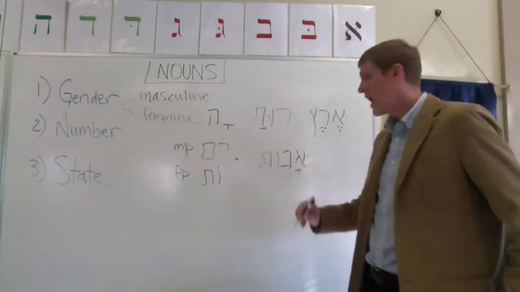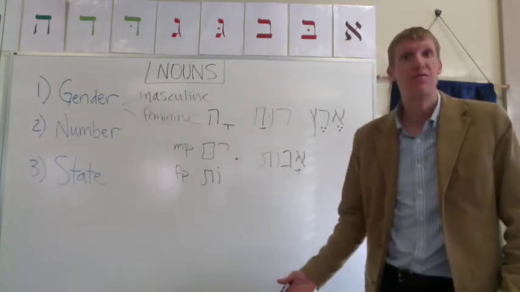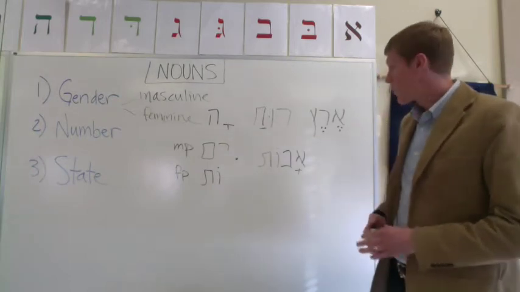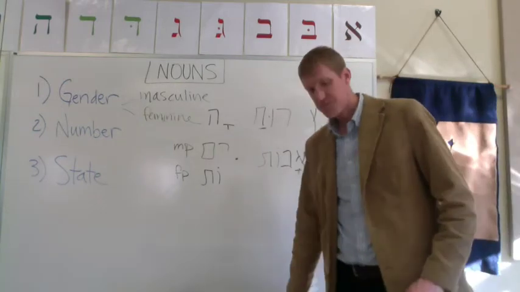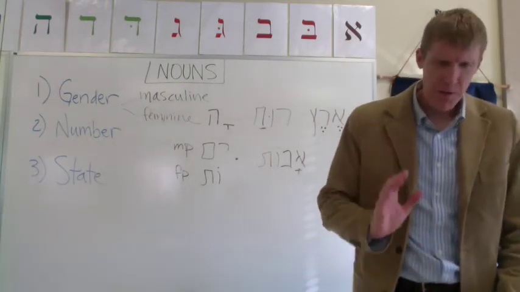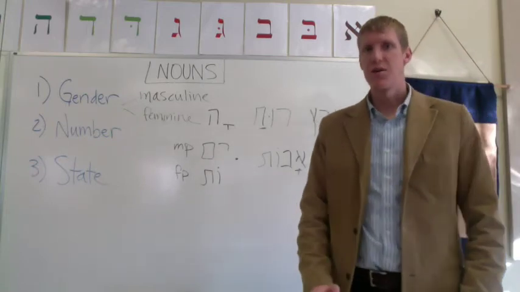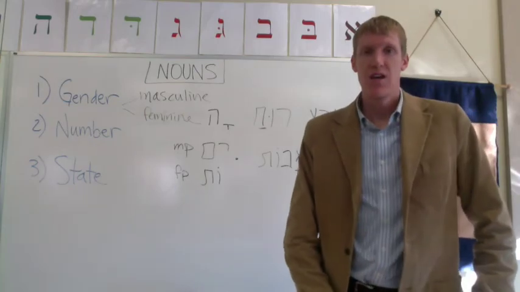Even though av is a masculine noun, it takes the feminine plural ending, so it's avot. That's one of the 1 in 100 words as an example. So just remember that as you're looking through that chart on page 28. Most of the time, masculine plural is eem. Most of the time, feminine plural is oat.